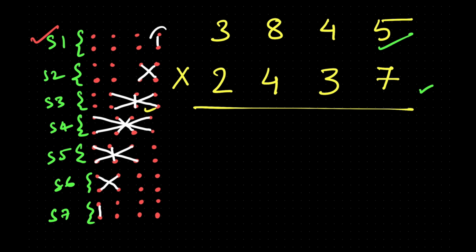In the first step, we are multiplying the first 2 digits on the rightmost side, that is 5 into 7. 5 into 7 gives you 35, so 5 you will write and 3 is carry.